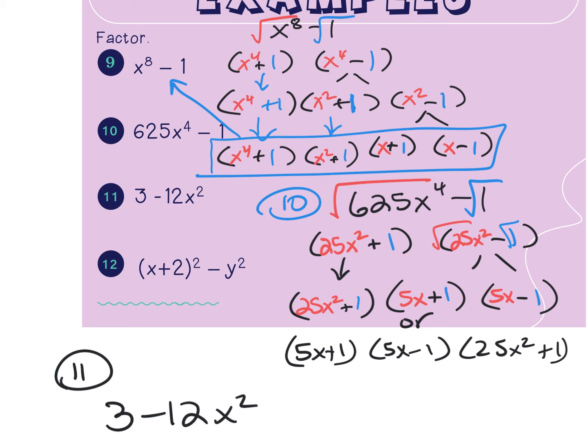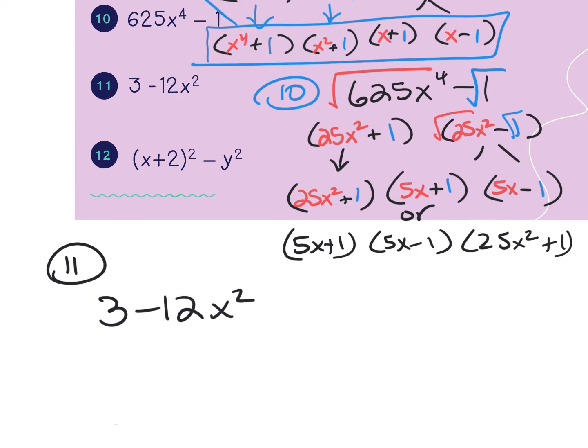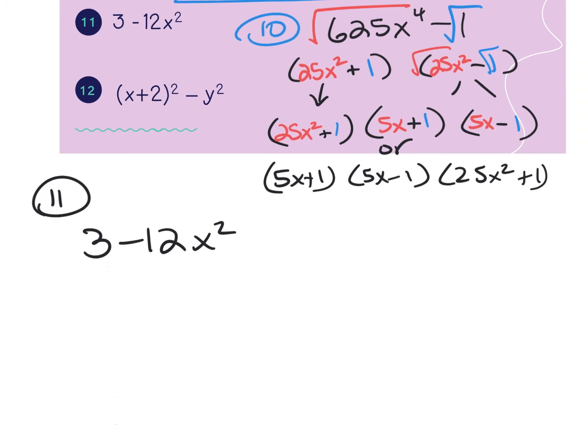Same thing on 10. However, number 11, there's a GCF here. I can divide both of these by 3. So then I'm ending up with 3 outside the parentheses, 1 minus 4x squared.